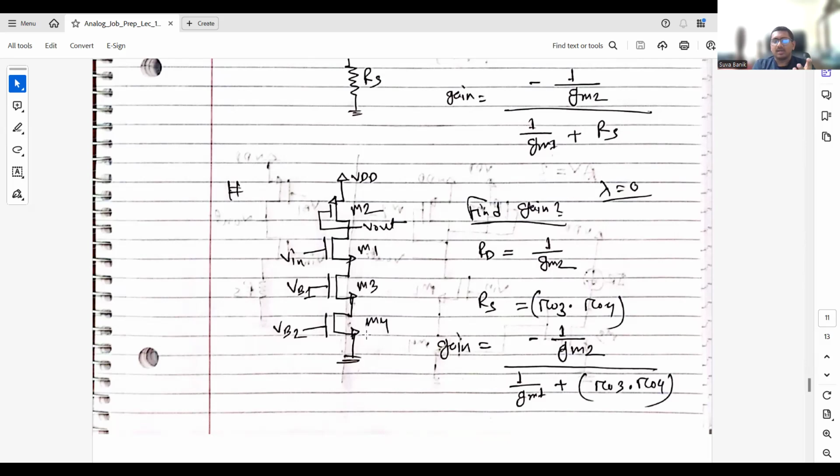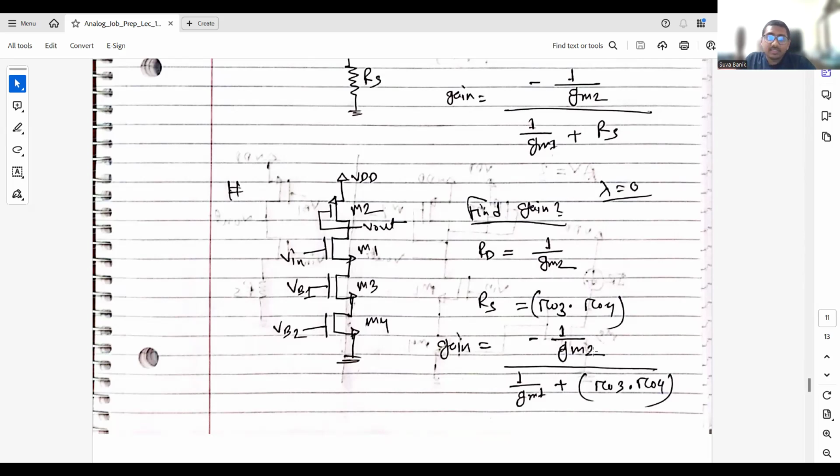RS is nothing but the two series resistances RO3 and RO4. You already know RO3 is the drain to source resistance of M3, and RO4 is the drain to source resistance of M4, so these two are in series in the small signal model. And you also know the output resistance of a diode connected load, which is 1 over GM. So from the formula itself, we can find out its gain.